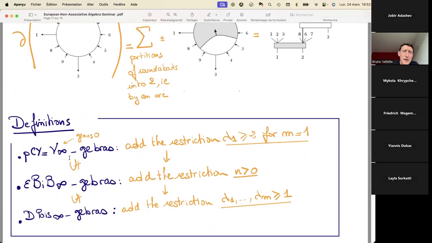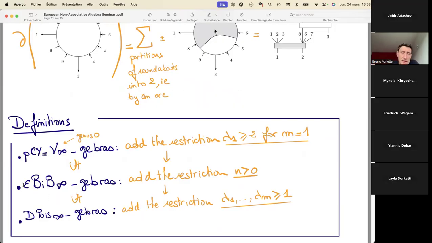Now you can tell me, okay, but you said that you have more operations here, more here, more here. So this was the curved version. For the curved version, I have no restriction except that the number of outputs had to be at least one. Now, if you want pre-Calabi or V infinity algebras, you need at least two inputs when V is equal to one. You have to begin with your associative product.